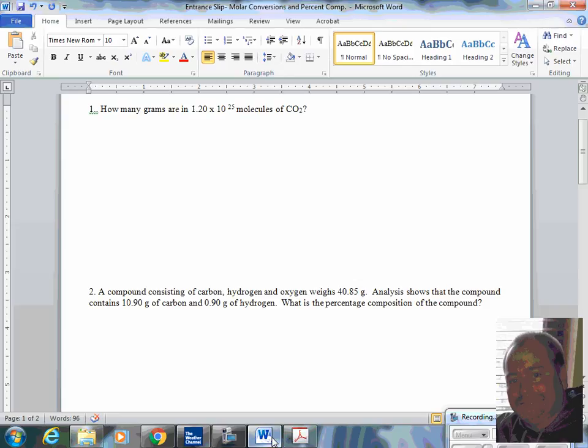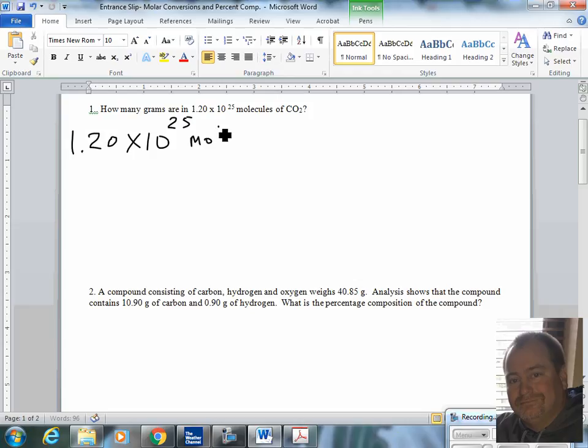So I come back to the problem. I'm going to start out with 1.20 times 10 to the 25th molecules of carbon dioxide. I do my conversion box, and I see my flux capacitor.